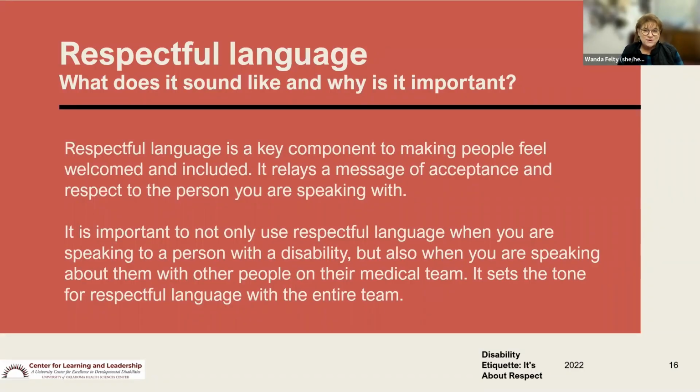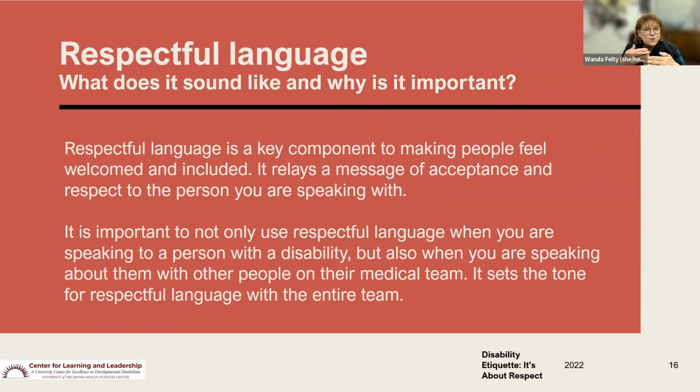So respectful language, what does it sound like and why is it important? And again, everybody deserves respect. Respect is actually an inherent thing everyone should get. People lose respect when they do something to lose that respect of another person.